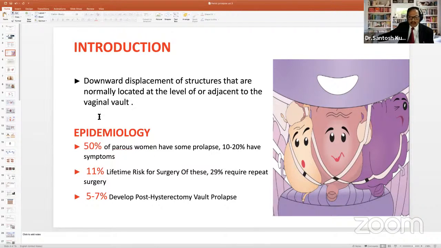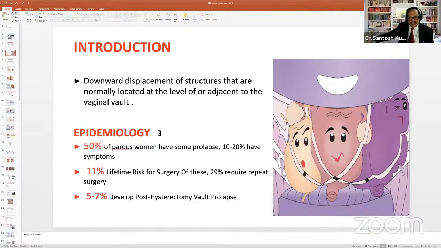So the amount of problem is tremendous, and the lifetime risk of surgery is 11%. So if you consider all together, prolapse, whether it is cystocele, enterocele, urethrocele or rectocele, 4 crore population will have some or other problem which comes under prolapse.